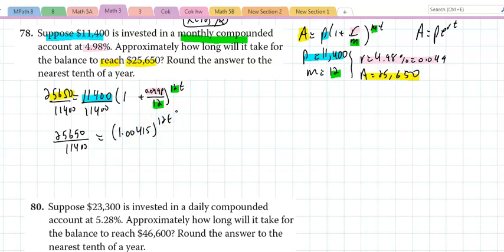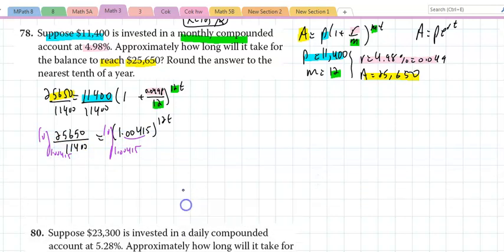We just solved exponential equations. What are you going to do? You're going to log both sides. What base should you use? Didn't we agree the base of the exponential? So if I read this correctly, this is reading a log with a base of 1.00415 of 25,650 divided by 11,400 equals 12t.